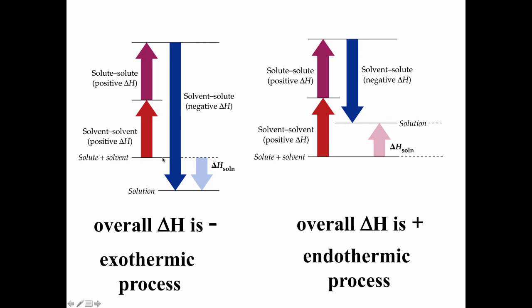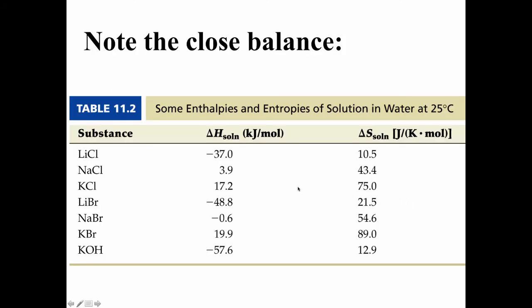And typically, these two compared to that one, usually the balance is pretty close, and so what ends up happening is the delta H for solution for ionic compounds, which is what we're looking at here as examples, notice they're not that big numbers. Some are negative, some are positive, and for our purposes, just realize that the balance is close. Sometimes it ends up overall being positive, sometimes it ends up overall being negative, is probably sufficient.